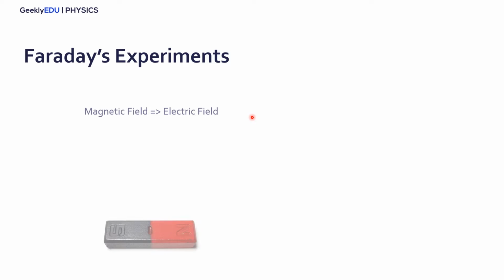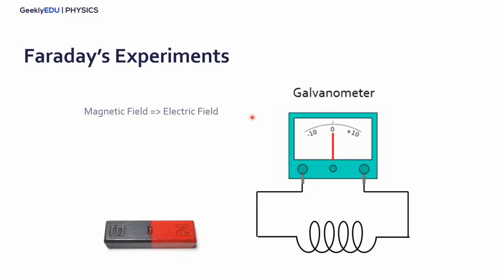In the first one, he took a magnet and a coil connected to a galvanometer to see if there was an induced electric field over here because of the magnetic field of the magnet. But when he put them close together, nothing happened.